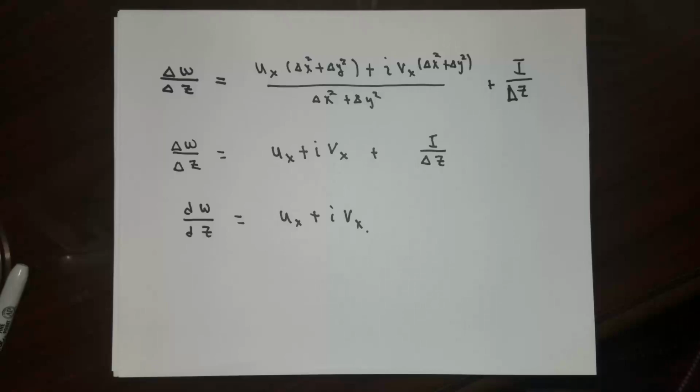The limit as delta z goes to 0 of f of the point of interest plus delta z minus f at the point of interest over delta z does in fact exist if the functions u and v have continuous first-order partial derivatives, and obey the Cauchy-Riemann equations, then u plus iv is a differentiable function in the complex analysis sense of the word.